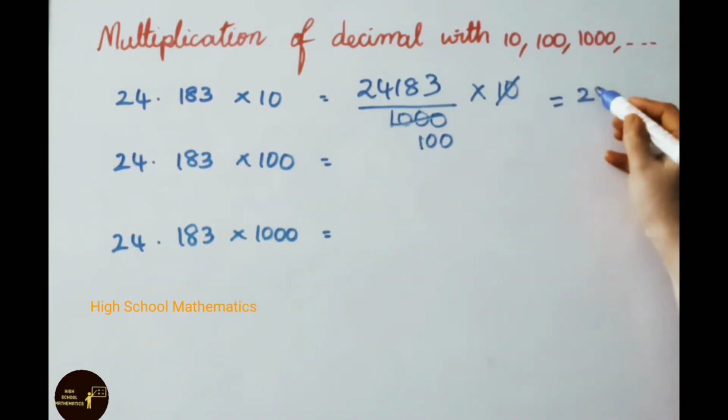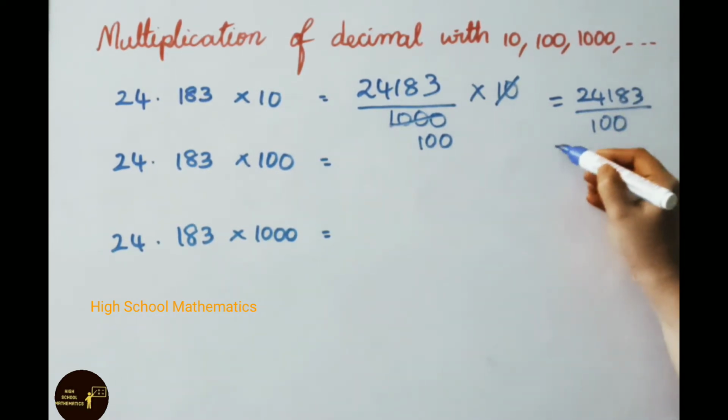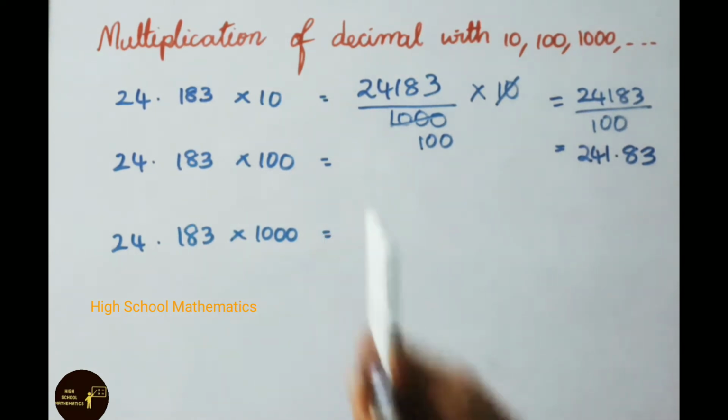That equals to 24183 by 100. That equals to, by 100 means in the numerator 2 digits before we have to place the decimal point. So the answer is 241.83.